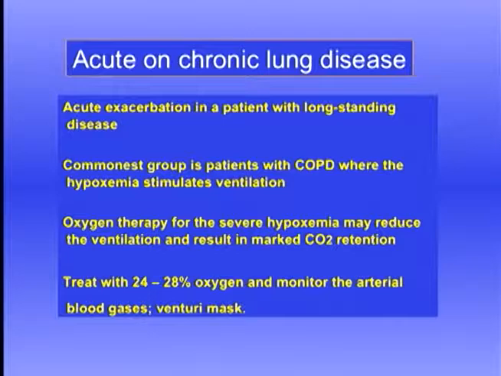And it turns out that the solution there is to give relatively low concentrations of oxygen, 24% you can start with, go up to 28 or whatever, and you monitor the arterial blood gases very carefully to see what's happening. To give these patients low concentrations of oxygen, it's often useful to use a Venturi mask because that allows you to deliver a relatively low and carefully controlled concentration of oxygen.